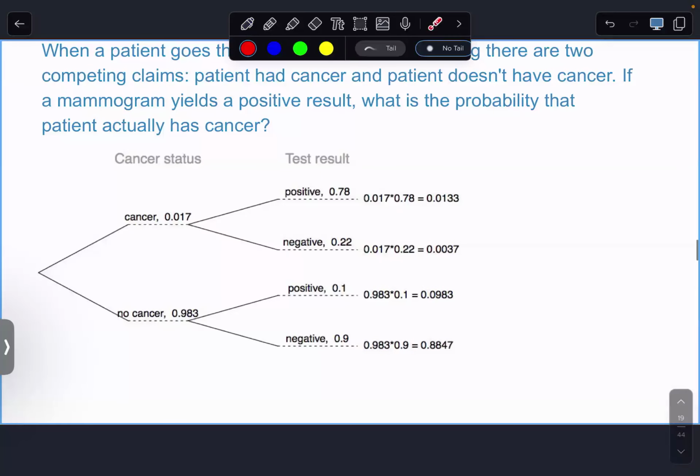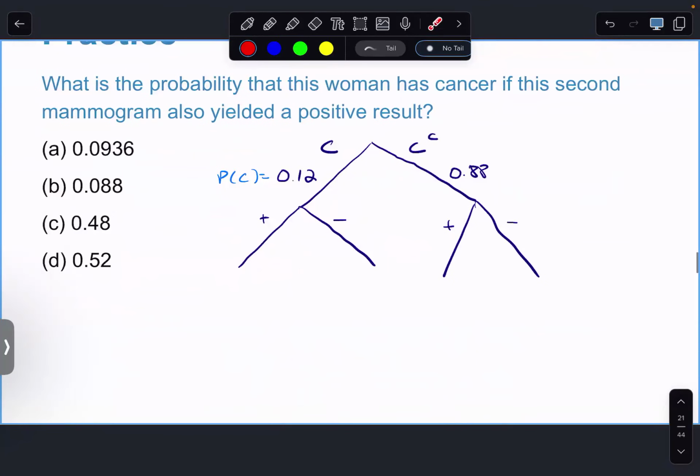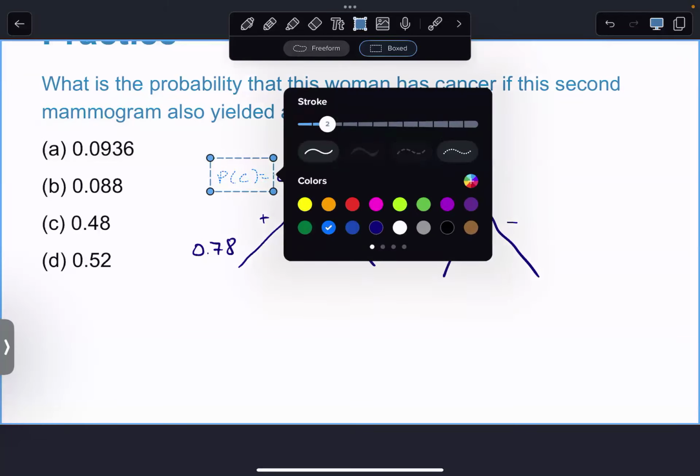The probability of testing positive, given that they have cancer, is still 0.78, and the test result probabilities stay the same. So I'm going to snag those from earlier. The probability of testing positive if they have cancer was 0.78. I'm not even writing down the conditional. I'll do it for this one. Maybe I'll change it to a ghost writing style. There.